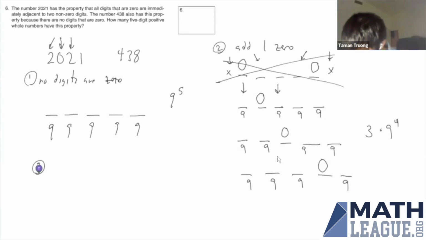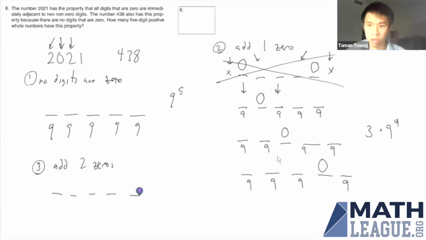And then lastly, add 2 zeros. You can't forget this one because that's also legal. We can't do this, or this, or this, for the same reason, because we can't have any zeros in the extreme ends. And similarly, we can't have it on this side either.